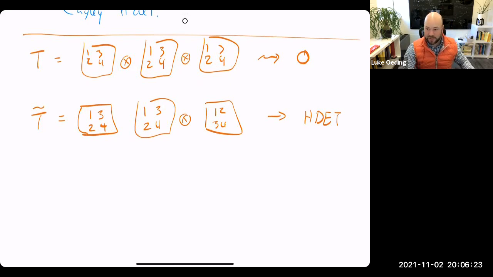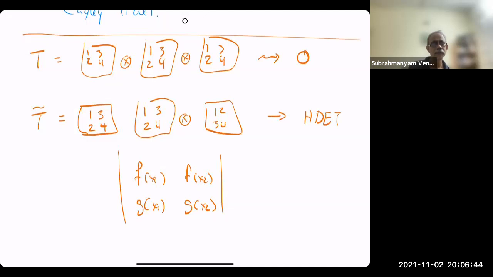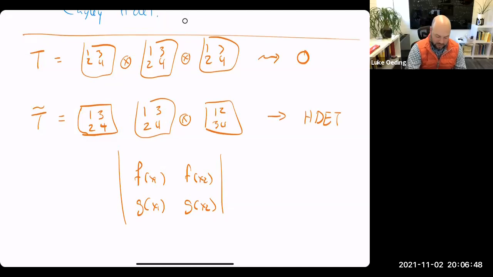If you want to tell if two functions are independent, plug in two different points and form the 2x2 matrix of values of the two functions, f of x1, f of x2, g of x1, g of x2. And if this determinant is not 0, then f and g are independent. If the determinant is 0, you don't know anything, right? But you can find independence by evaluations.